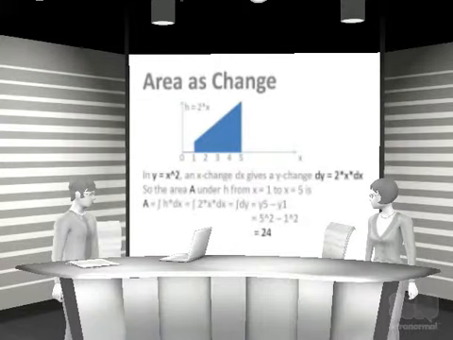Since a local area under h is h times dx, that is, 2 times x times dx, it can also be written as a change in y, dy. So the total area from x equals 1 to x equals 5 is found by adding up the local changes to one single change, that is calculated as the end number, 5 squared, minus the start number, 1 squared, that is, as 25, minus 1, which is 24.